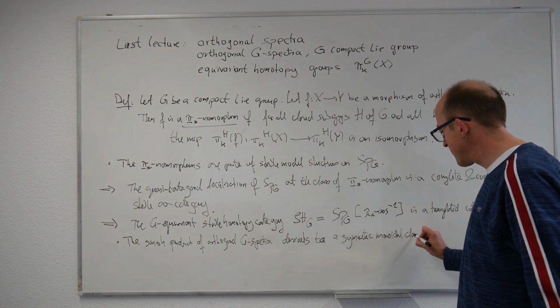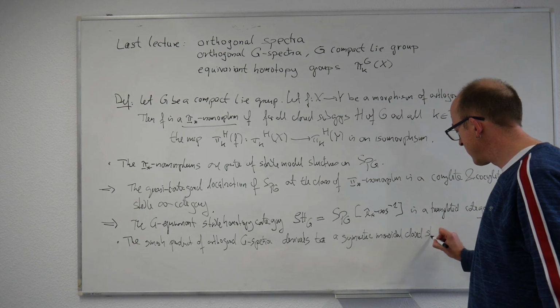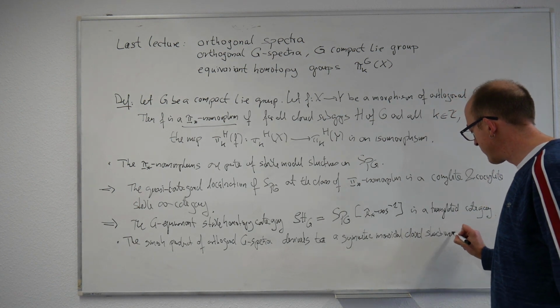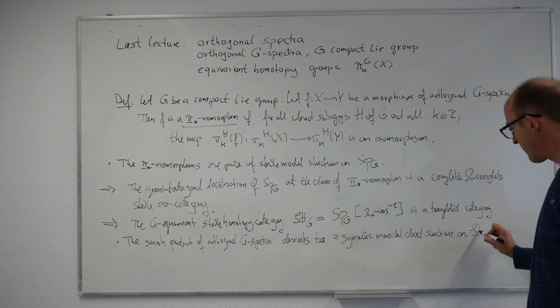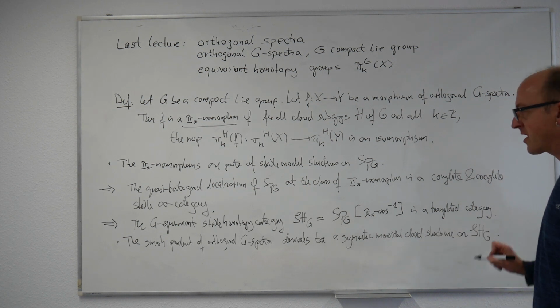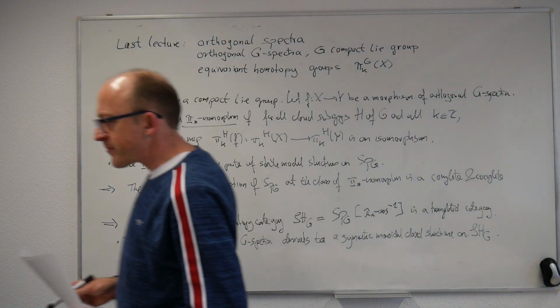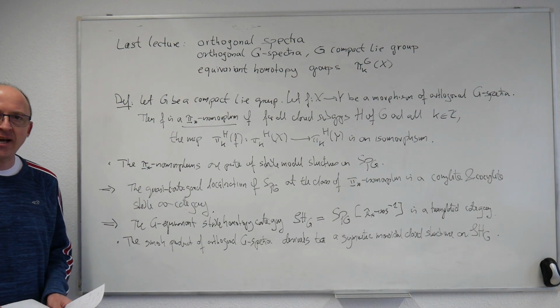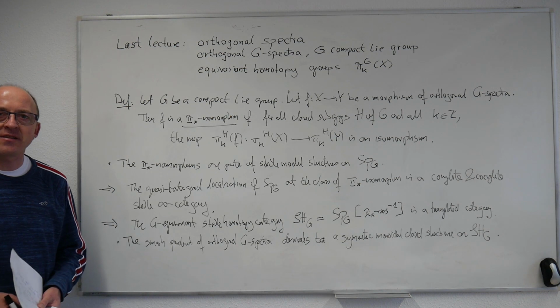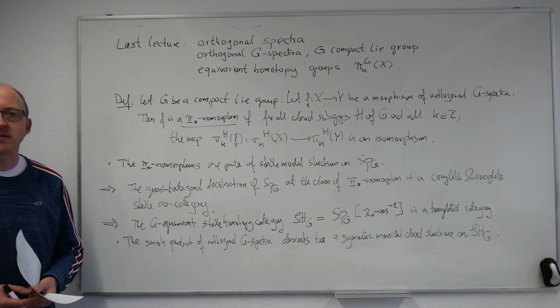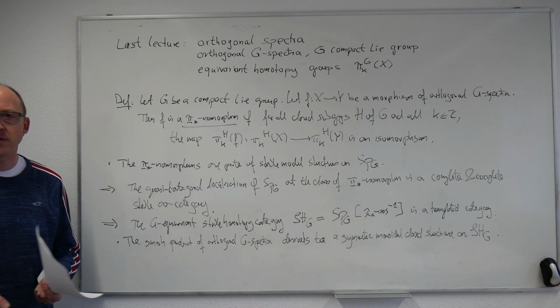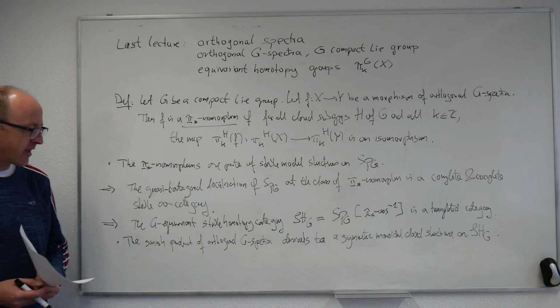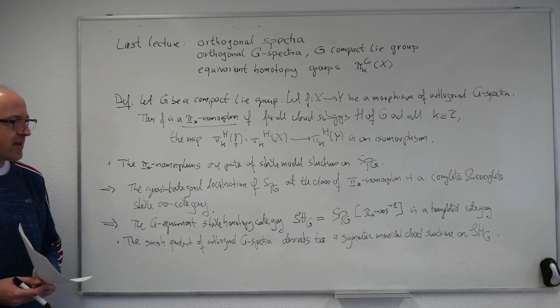And it's actually closed, it has internal homs, a closed structure on the G-equivariant stable homotopy category. So I'm not going to talk a lot about the smash products in this class at all, despite the fact this is one of the original reasons why orthogonal spectra and their cousins symmetric spectra were originally introduced, because they're good models for the non-equivariant stable homotopy category with a nice point-set level smash product.